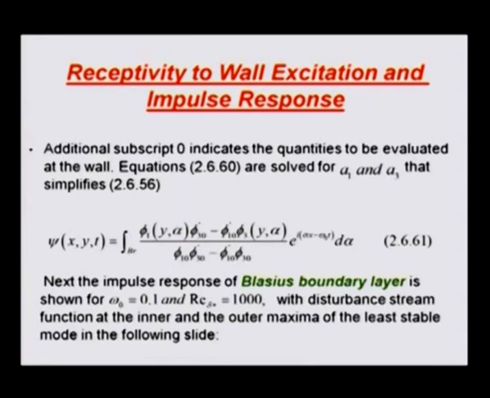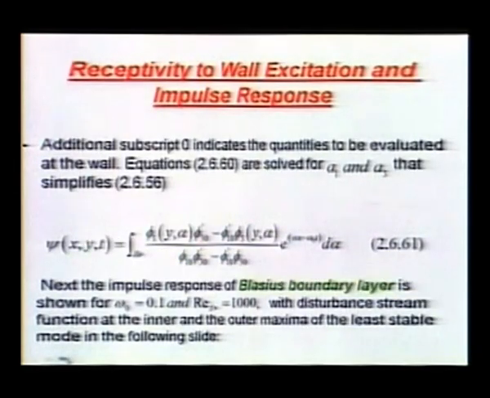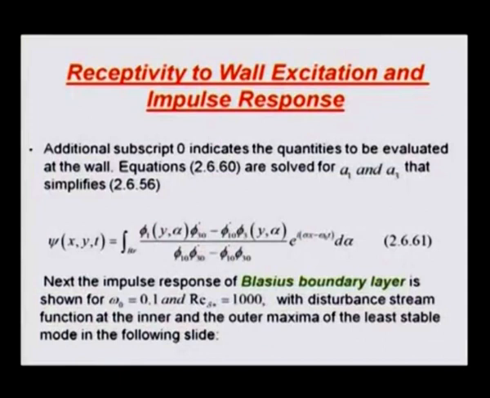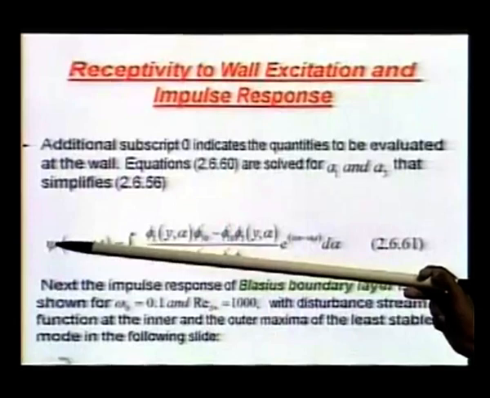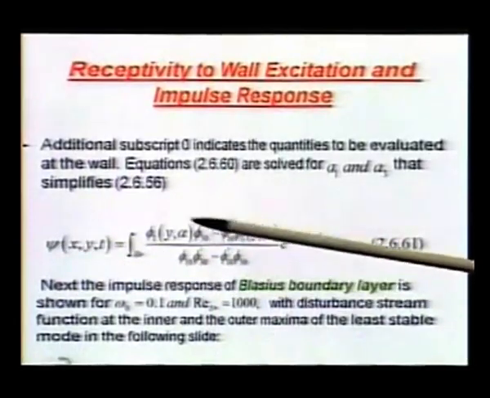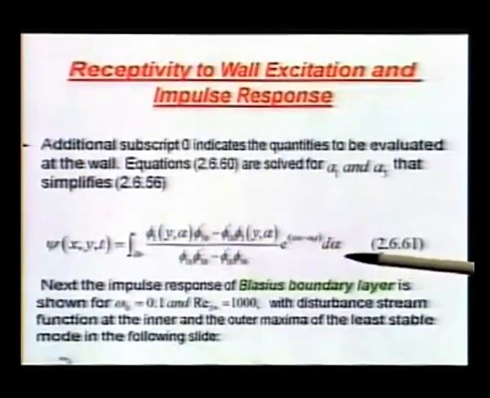Now, what have we done here? Instead of writing V, I have written in terms of psi. It is the same thing. You can see the one-to-one correspondence between the V velocity and the psi component, because if I take psi like this, V will be d psi dx. So, that will be simply I alpha multiplying this phi.